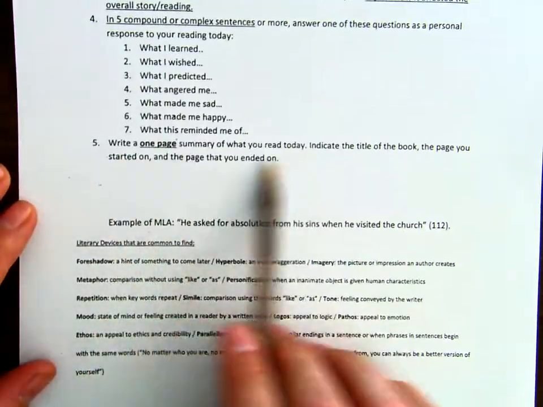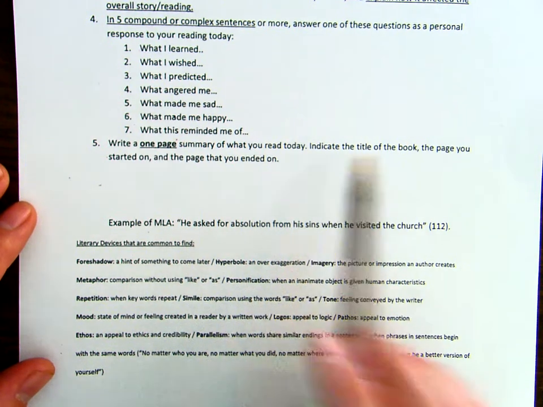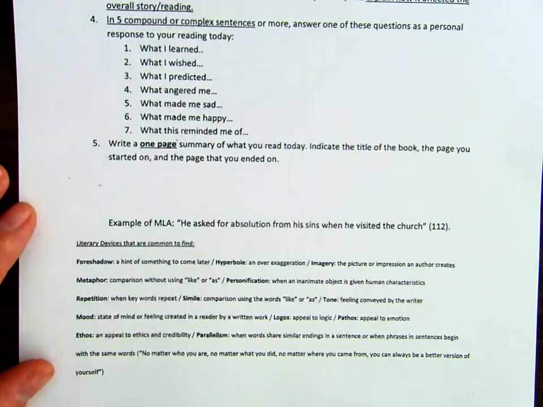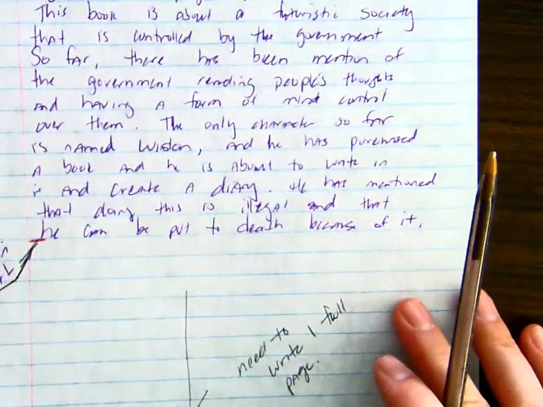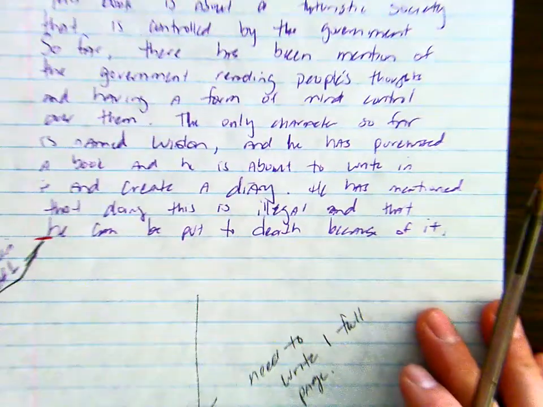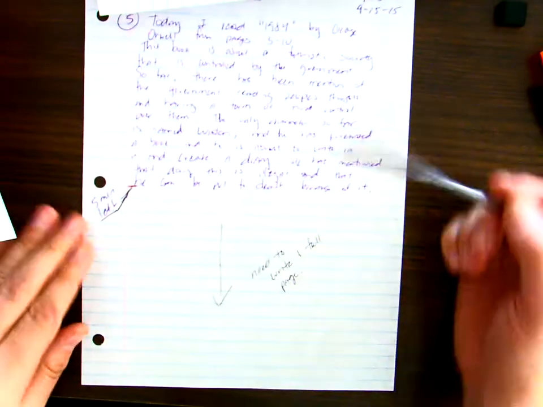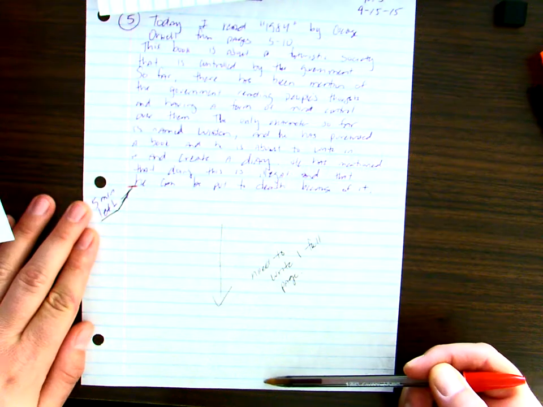The last step is you're going to write a 1-page summary of what you read for that 20 minutes. Okay, so here is mine right here. Now, yours is going to be like a journal where you should have the full page done.